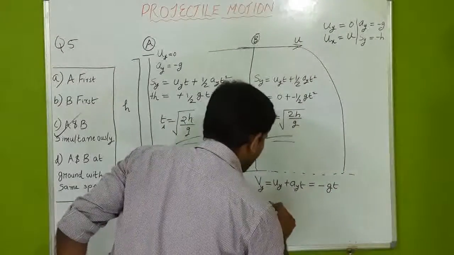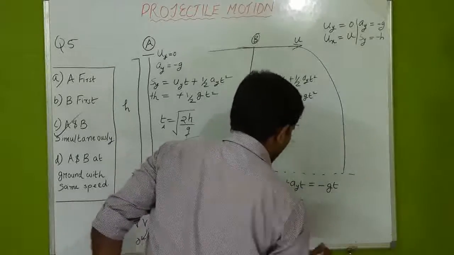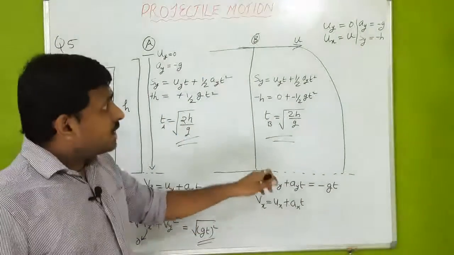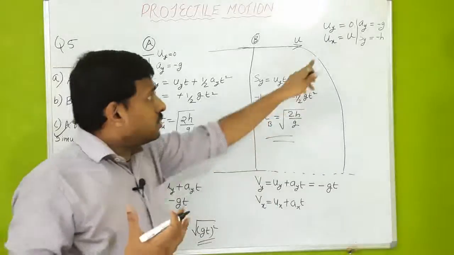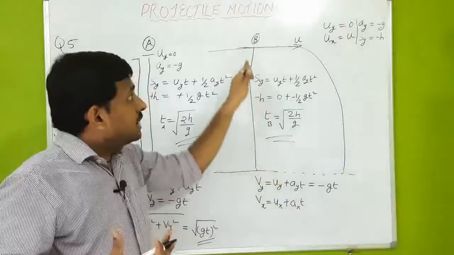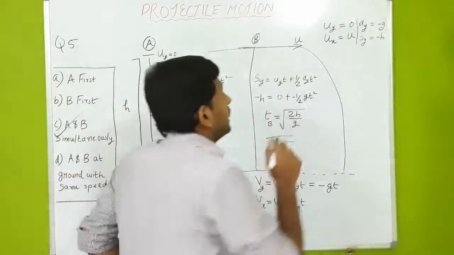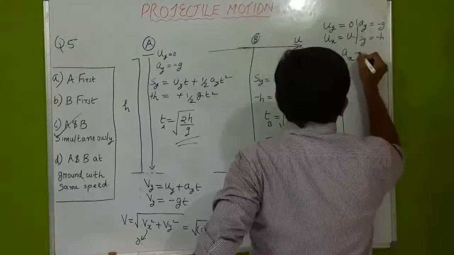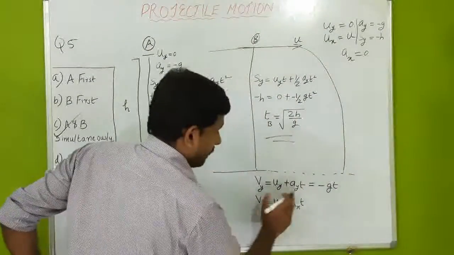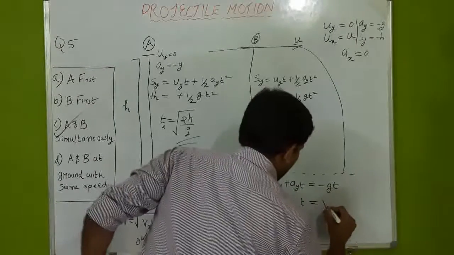And vx is equal to ux plus ax into t. The initial velocity in the x direction is u, and there is no acceleration in the x direction. Therefore ax is 0, this part becomes 0 and ux is equal to u. Therefore vx is equal to u.